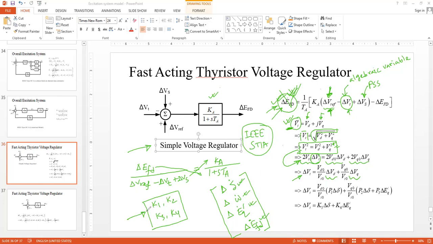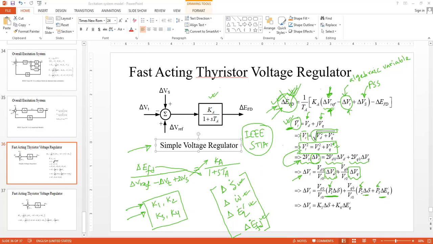While we derived K1 up to K4, we had to take these relationships del Vd and del Vq, and express those in terms of del delta and del Eq prime. And P1 and P2 are nothing but some constants based on system operating point or system parameters, the X parameters or the reactance parameters.